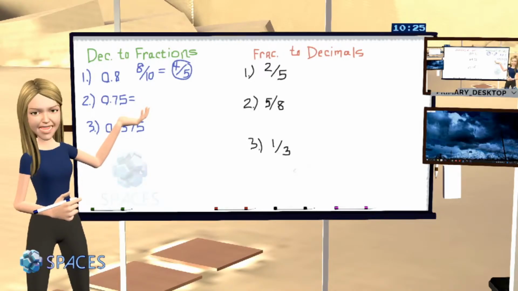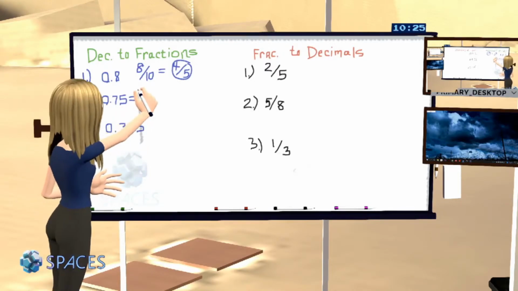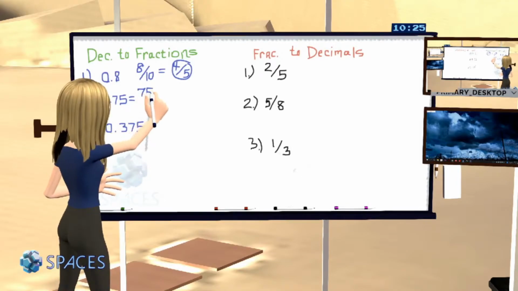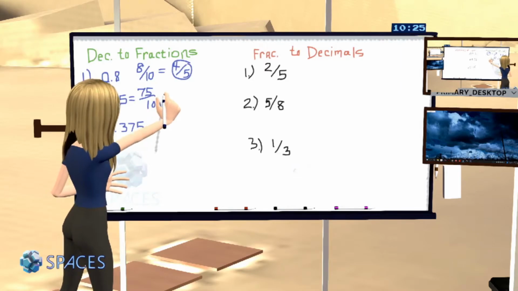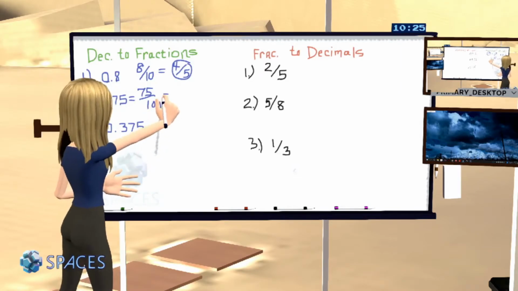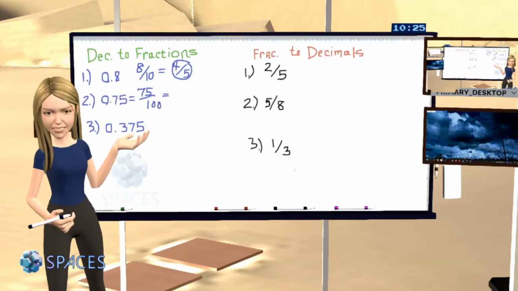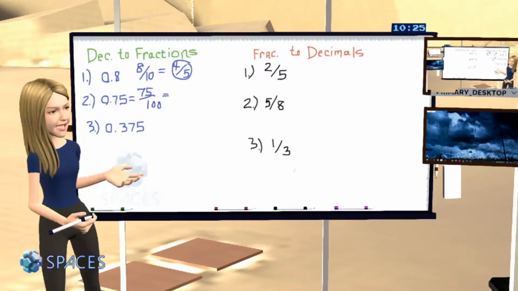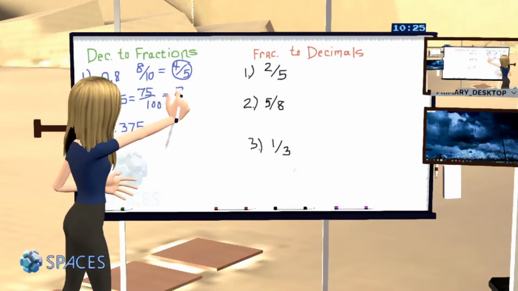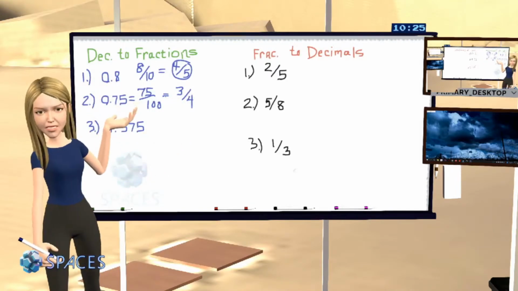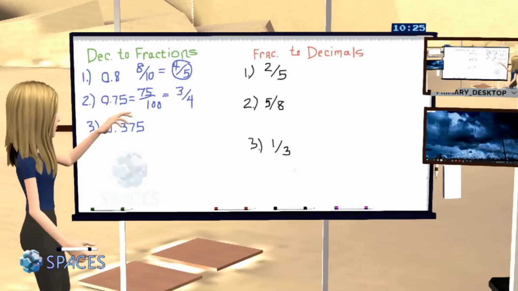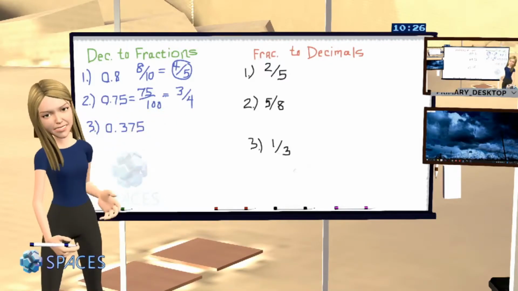The 5 is in the hundredths place, so that would be 75 over 100. And then if we divide both of those numbers by 25, you would get 3 over 4, just as you thought before, as we said 3/4 of $1. So this would simplify to 3/4.